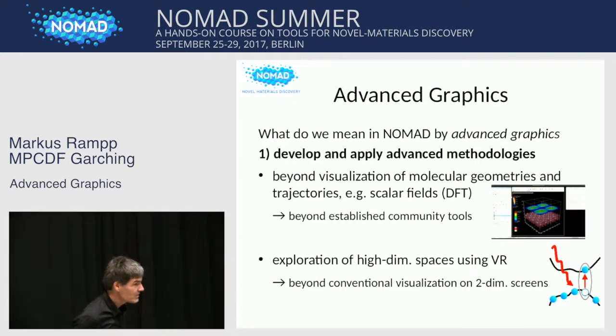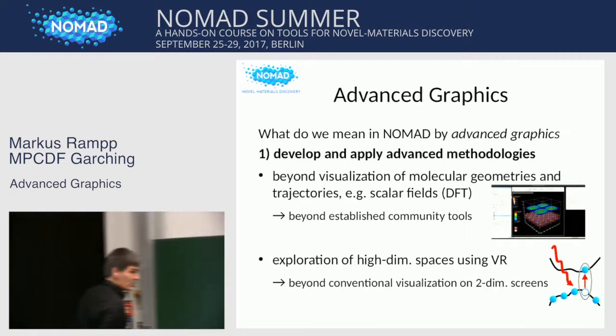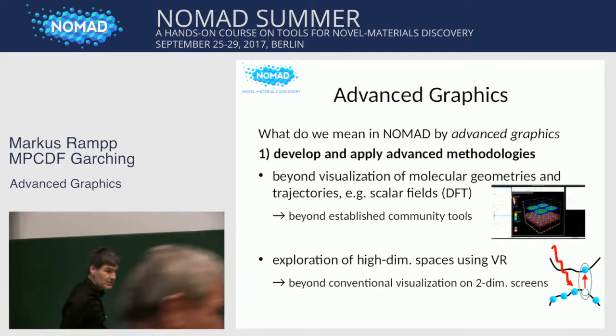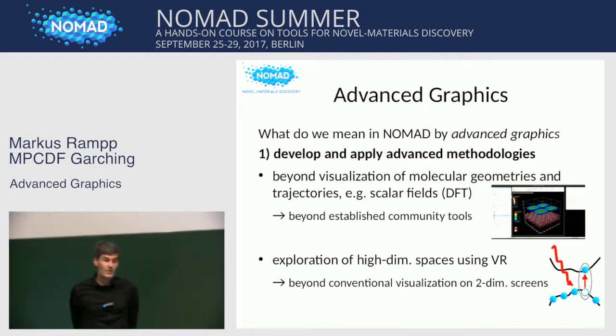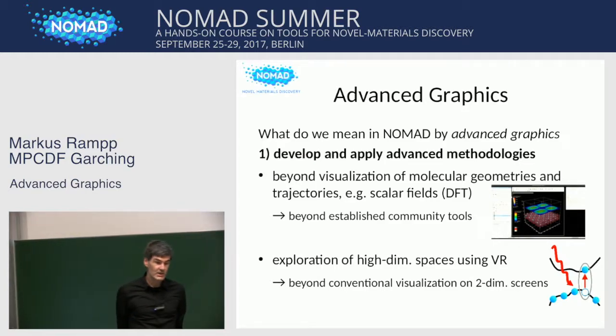The first thing is, we try to develop and apply advanced methodologies, which means we want to go beyond the tools of the trade or the methodologies which are conventional and used in this field.